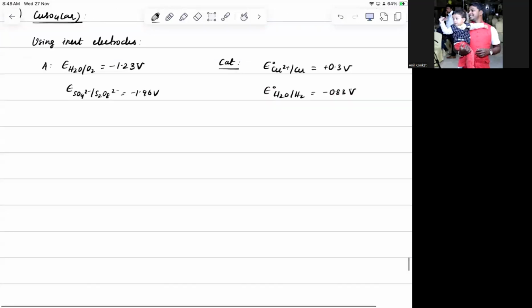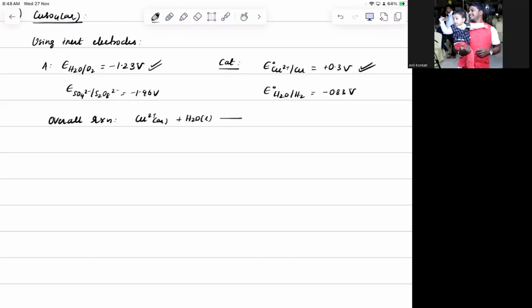So definitely here it is pretty clear that copper will get reduced and water will get oxidized. So using that, overall reaction will be copper 2 plus aqueous plus H2O liquid will give us half of O2 gas plus 2H plus plus copper solid.